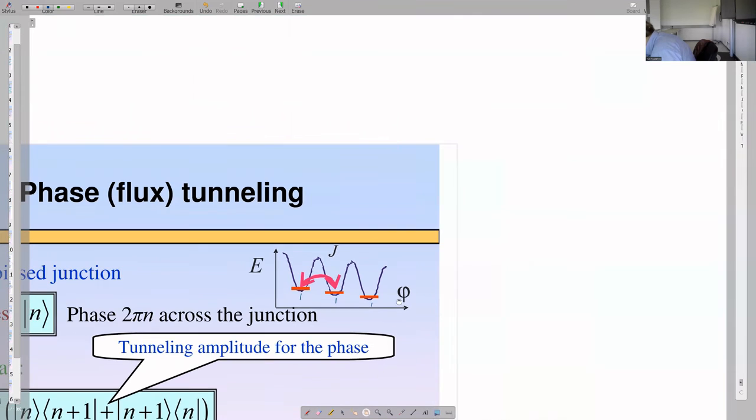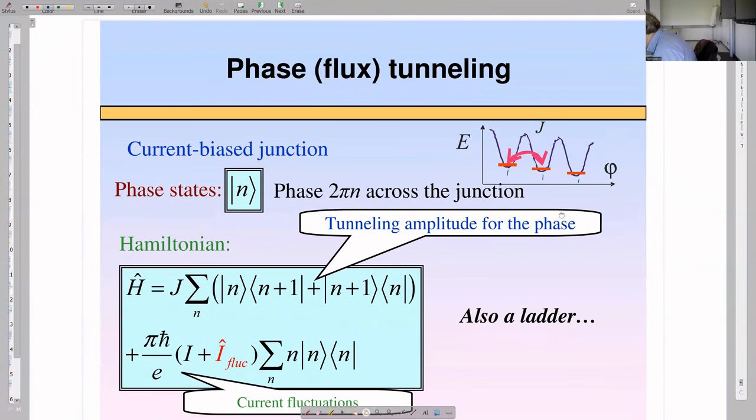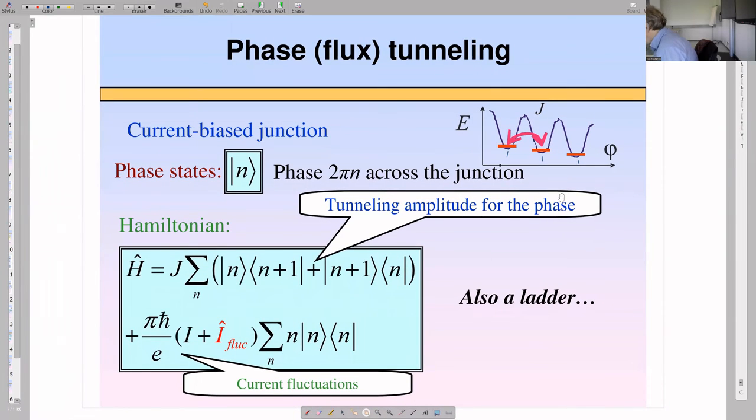Let me introduce a set of these phase states. So I just number these potential wells by integer numbers, and the state at the bottom is just n.